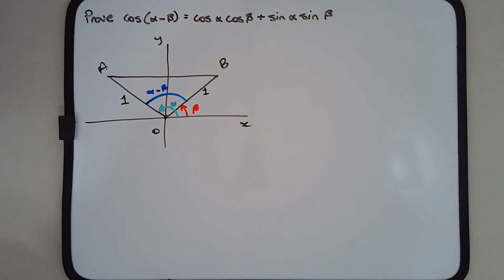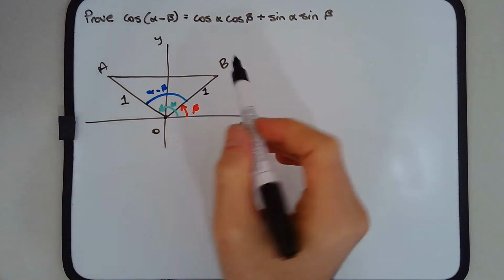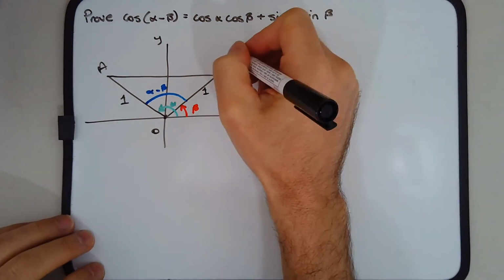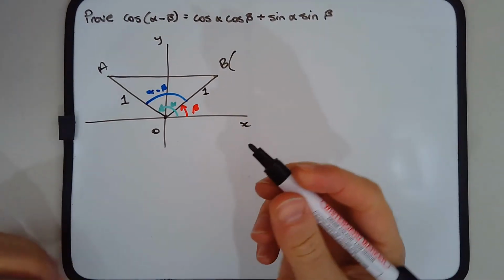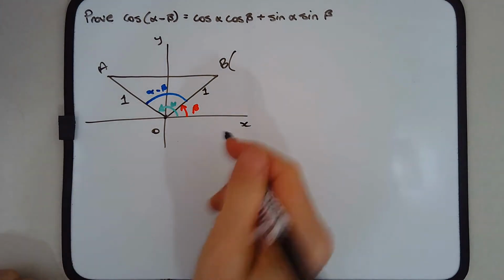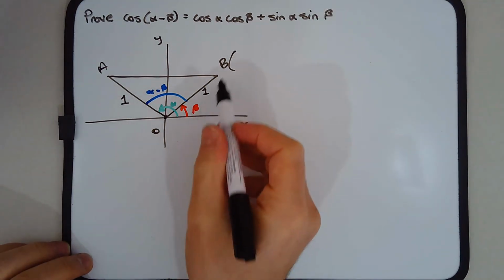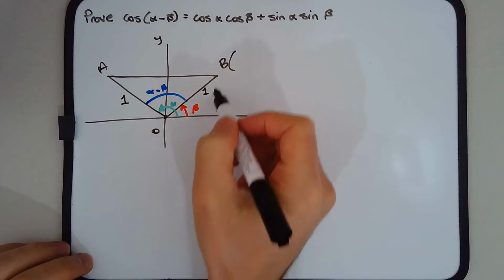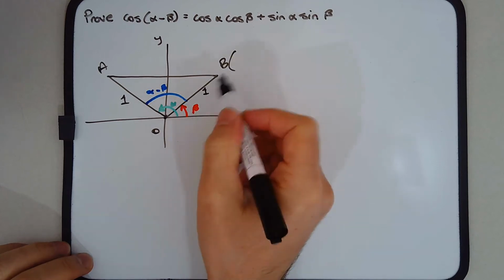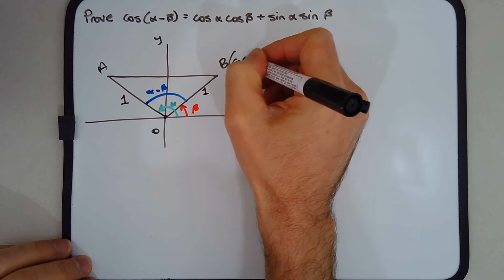Now, the other thing that we need is to note down the coordinates of point A and point B in terms of alpha and beta. Any point on a unit circle can be expressed in terms of the angle that the ray makes with the positive x-axis. So for OB, the x coordinate will be cos of beta. If you pretend there's a right angle triangle there, OB would be the hypotenuse, so the adjacent side would be cos of beta.